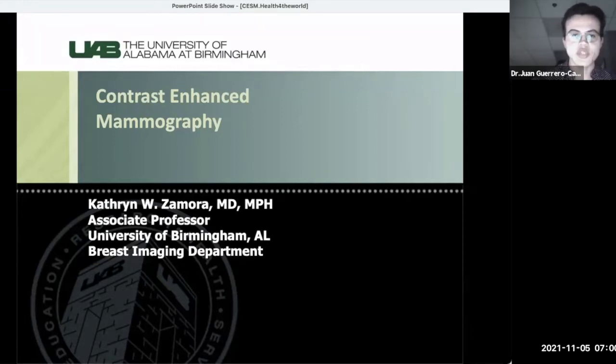She completed an internship in internal medicine and residency training in diagnostic radiology at Ochsner Clinic Foundation in New Orleans. Following residency, Dr. Zamora pursued additional training with an accredited fellowship in pediatric imaging at Miami Children's Hospital and a second fellowship in women's imaging at Louisiana State University in New Orleans.